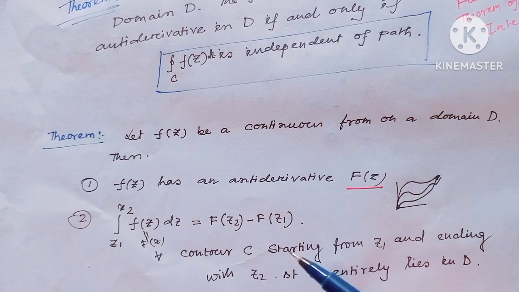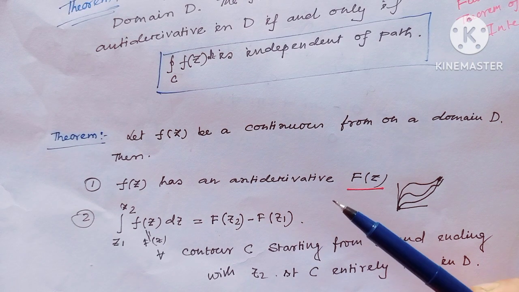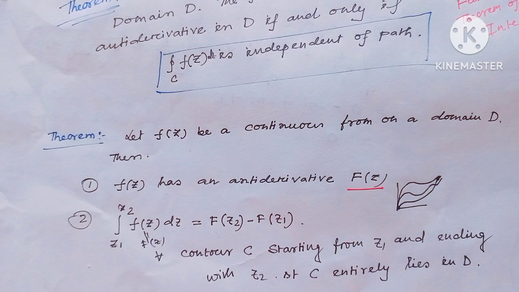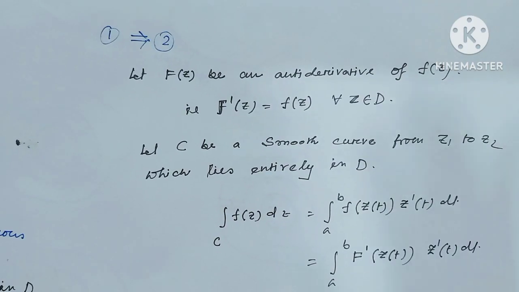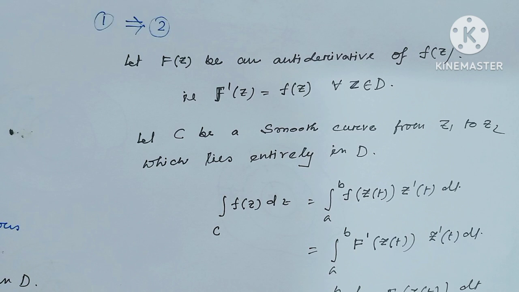Now let us see the proof of this theorem. Let capital F(z) be an antiderivative of small f(z).